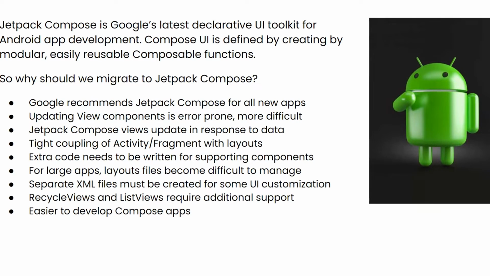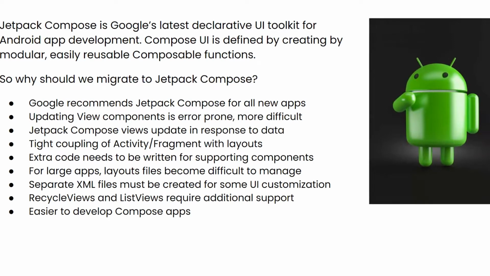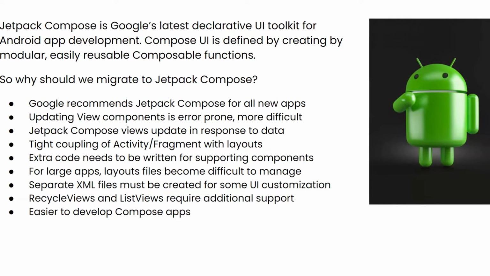Extra code is needed for writing and creating various components within the View system, such as recycler views and list views. Typically, we need to create adapters in different classes so we're supporting these more advanced layouts. And we don't really need to do that with Jetpack Compose. So it's really nice because Jetpack Compose in this way saves us a lot of time and effort.